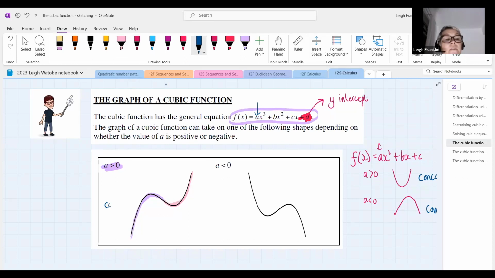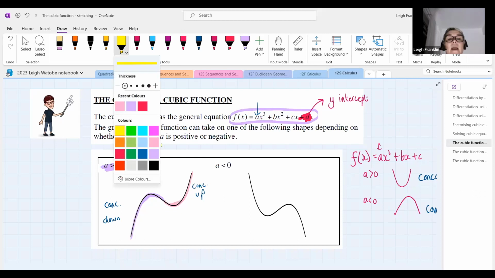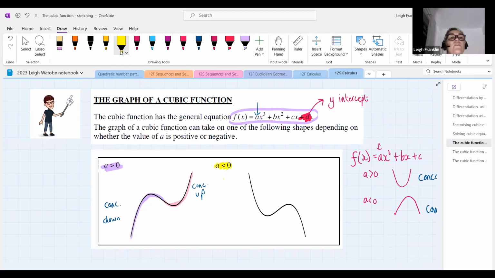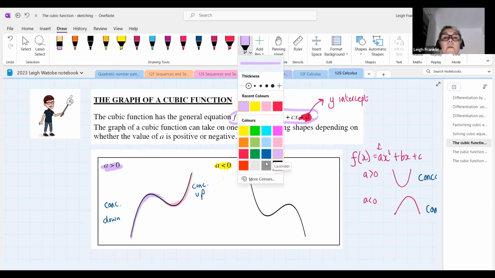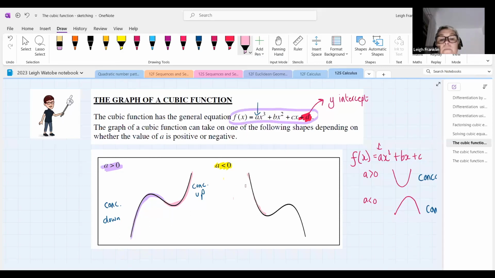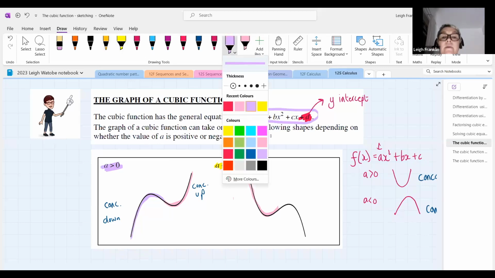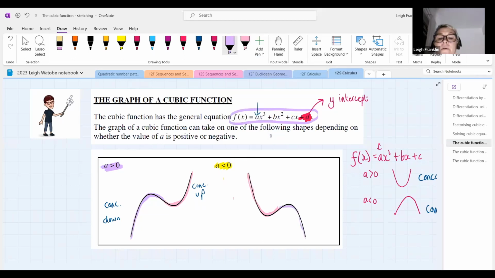Then if A is negative, your graph is first concave up, and then it is concave down.